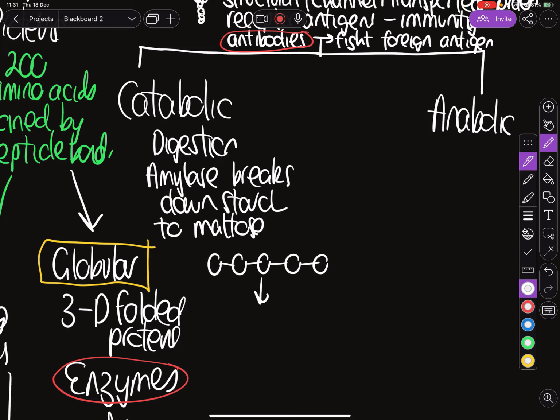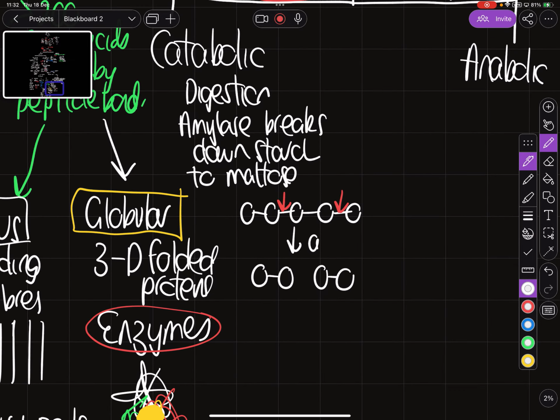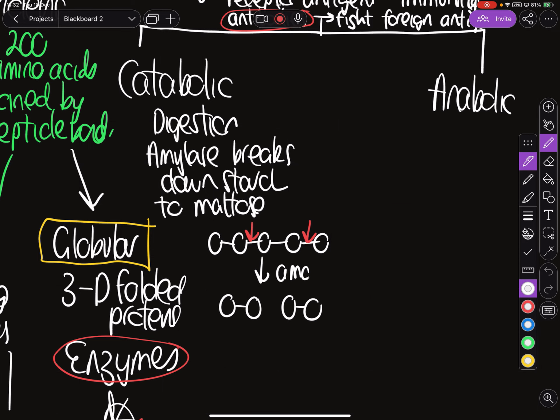So we know that maltose is a disaccharide. So again, amylase is going chunk here. It is going chunk here, and it is making us maltose. So that is the catabolic amylase.